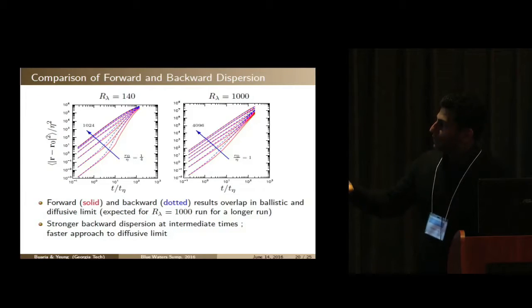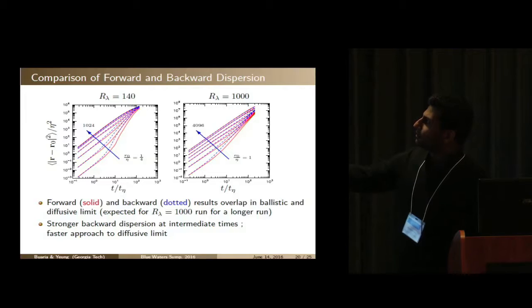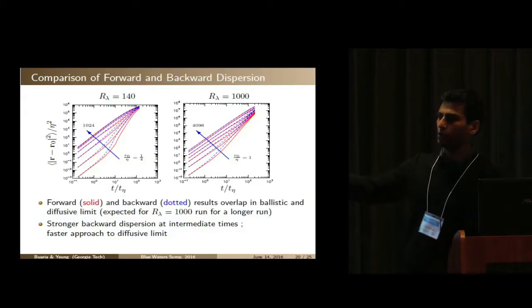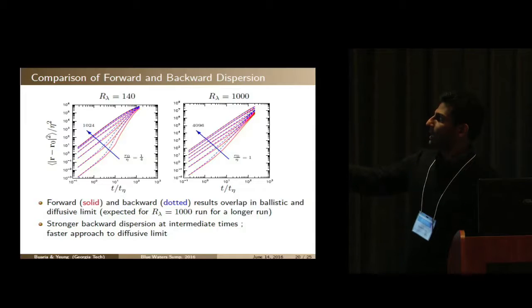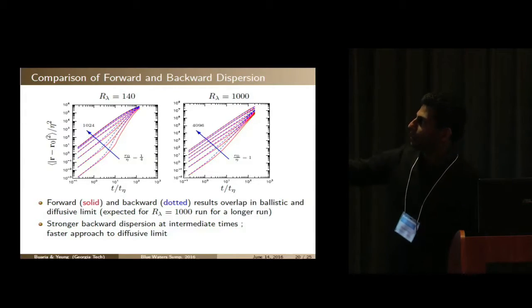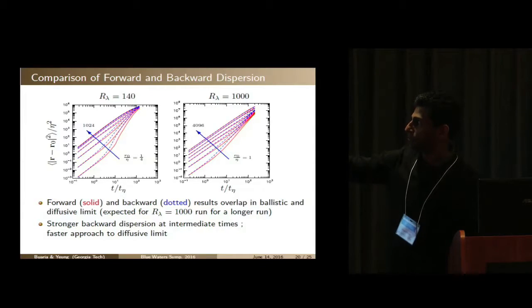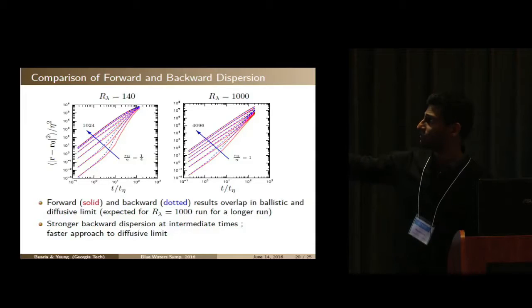So one of the things that we wanted to do was investigate that, and what you're seeing are plots of the dispersion versus time normalized by the Kolmogorov variables for forward and backward for different initial separations at two different Reynolds numbers. What we find is that at small times and large times they are similar, but at intermediate times the backward dispersion is much faster.